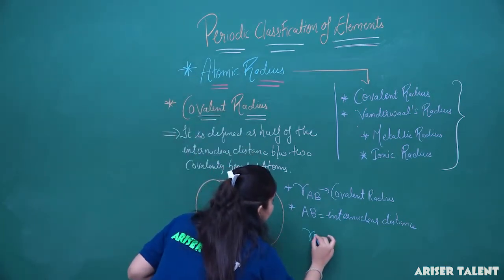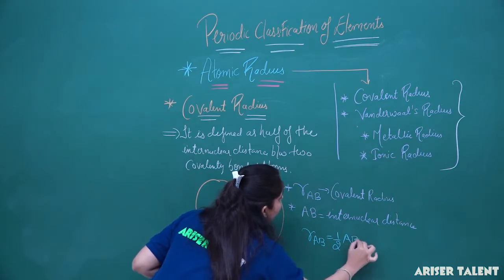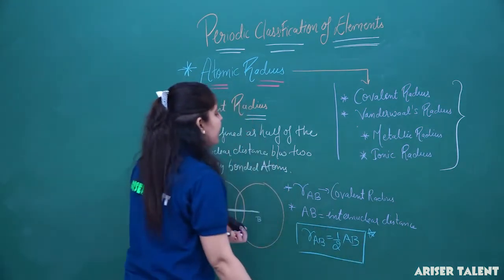So, RAB will be equal to half AB. This will be the formula for covalent radius.